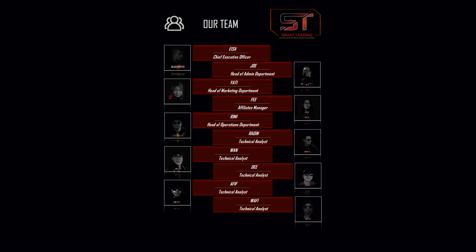And this is us. Basically, most of the team are here. Our head of admin is obviously Joe, some of you might know him. And Remy here teaches Fibonacci. Rodin is from Malaysia, has 10 years of experience, and teaches support and resistance. We have Juan, he's 23 years old, the youngest in the team, and he's teaching BBMA.